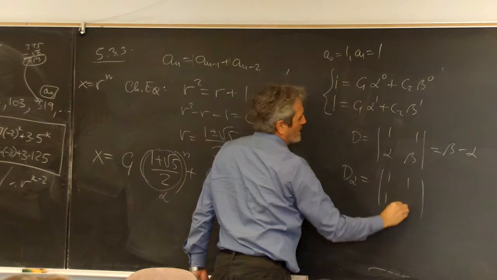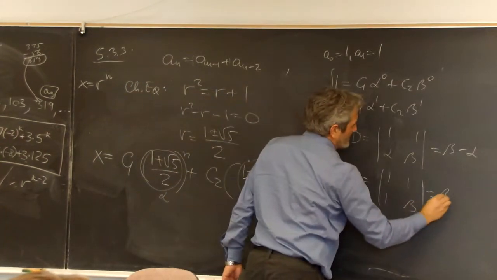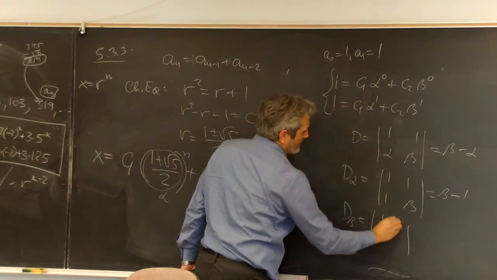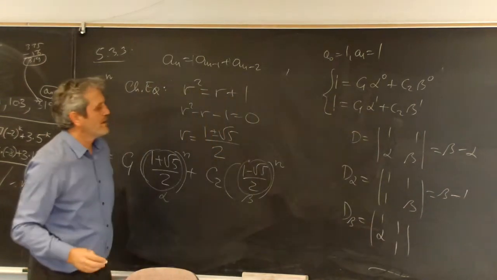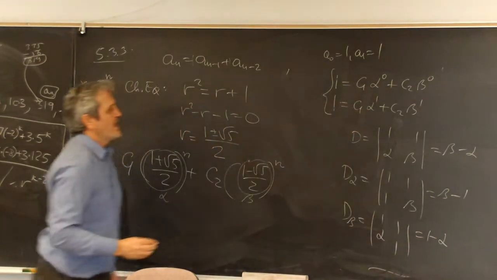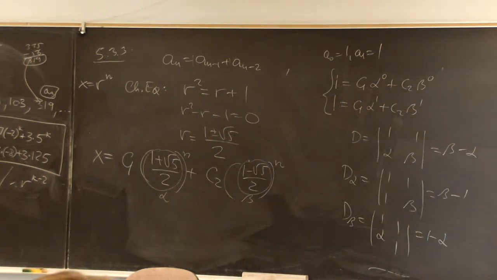So it will be 1, 1, 1, beta. So this is beta minus 1. The same way, D beta is what? Alpha, 1, 1, 1. So what would that be? 1 minus alpha. And then what are my solutions? The solution says alpha equals D alpha over D.